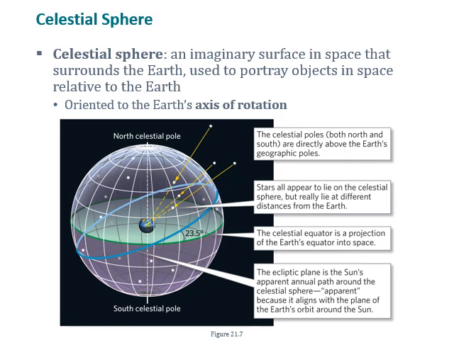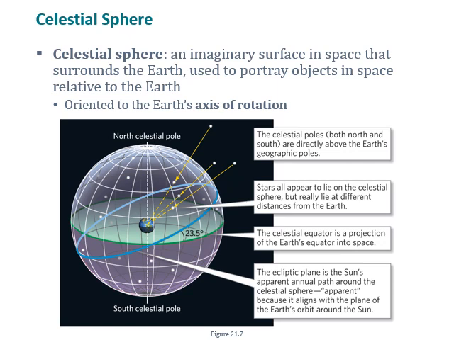The celestial poles, both north and south, are directly above Earth's geographic poles, above and below. Stars appear to lie on the celestial sphere, but they really are lying at different distances from the Earth and from one another, shown by the different yellow lines coming into and out of the sphere. The celestial equator is a projection of Earth's equator into space. And finally, the blue line at an angle of 23.5 degrees relative to Earth's equator is known as the ecliptic plane.